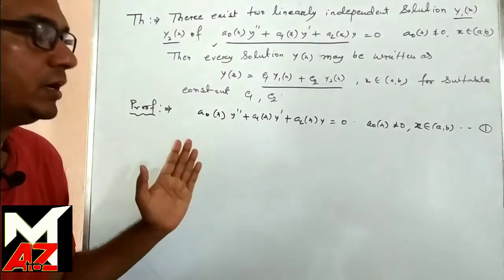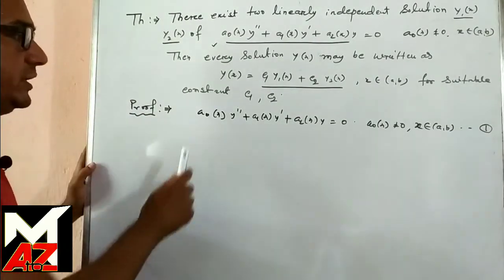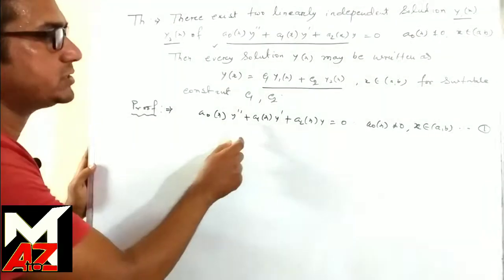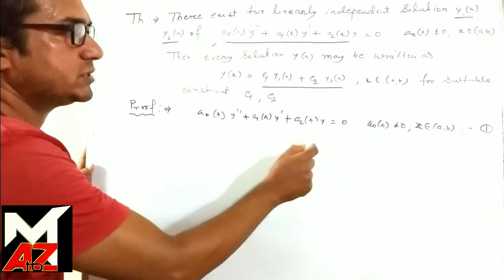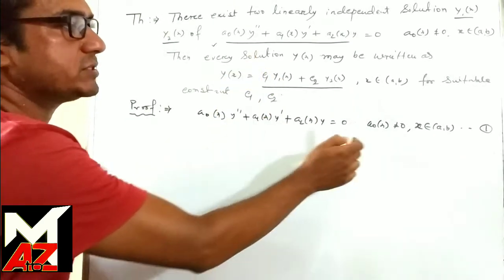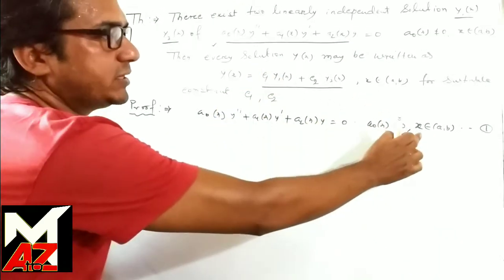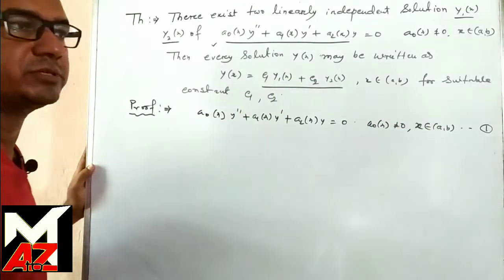Here the given equation is a0(x) y'' + a1(x) y' + a2(x) y = 0, where a0(x) is not equal to 0 and x belongs to (a,b). This is named as 1.